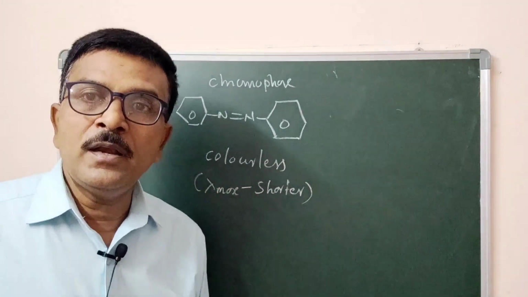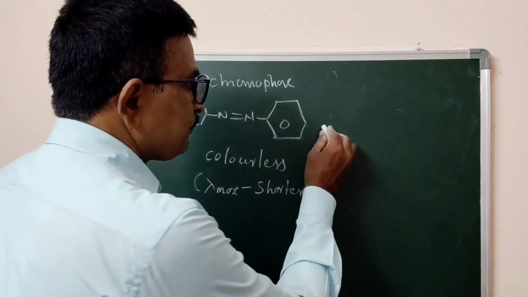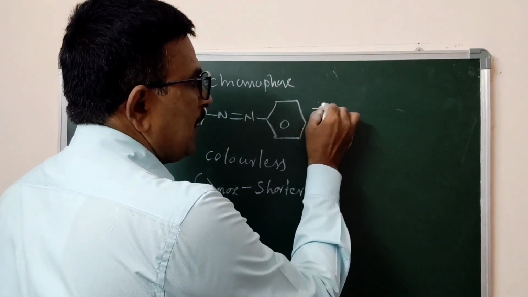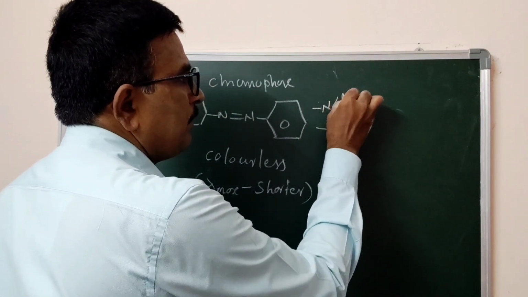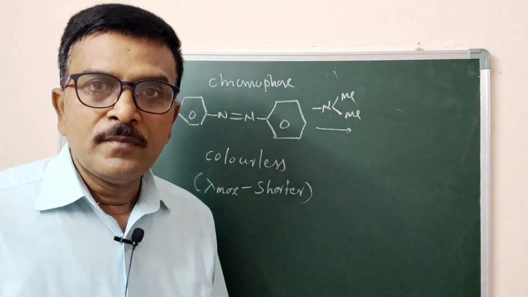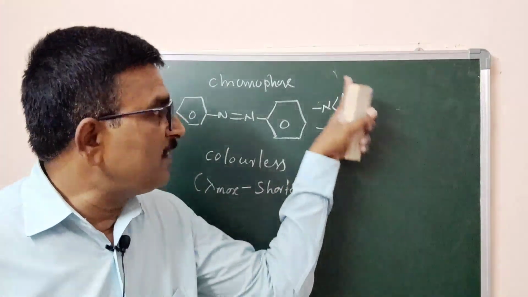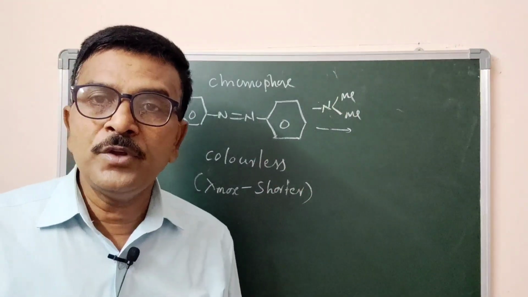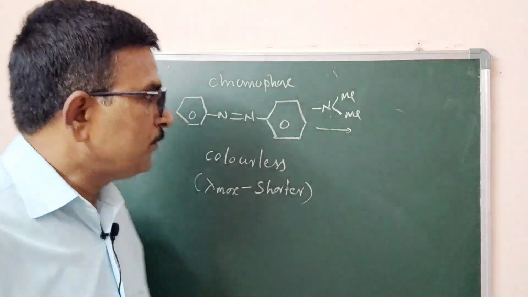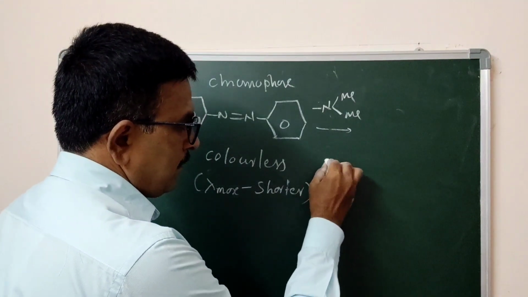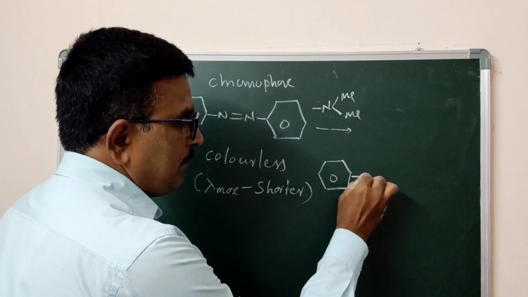When we introduce one auxochromic group, say dimethylamine, NMe2, this is the auxochrome. We are going to introduce an auxochrome. Now you can see what happens.